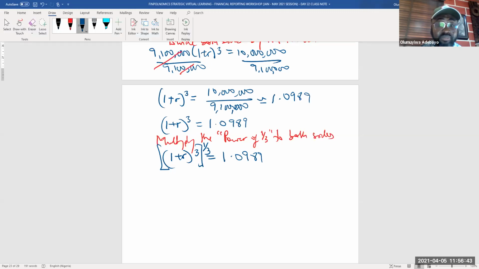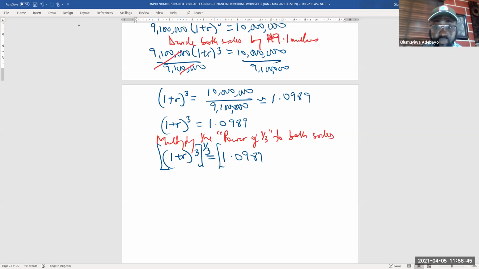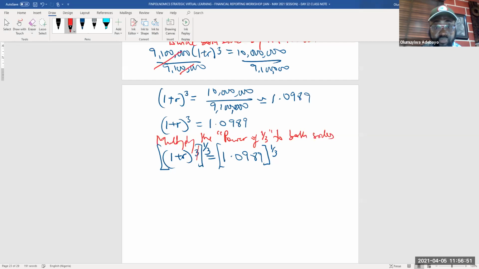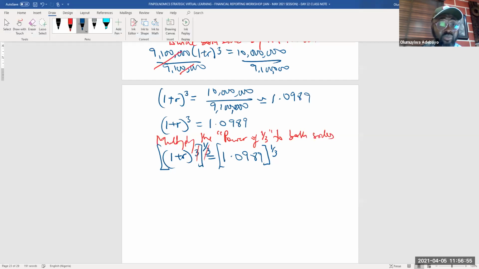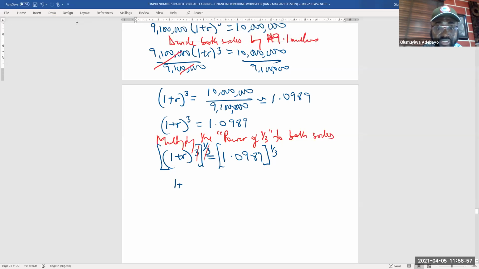And by so doing, I can cancel out this, and the equation is simplified as this equals this, which is the same thing as the cube root.